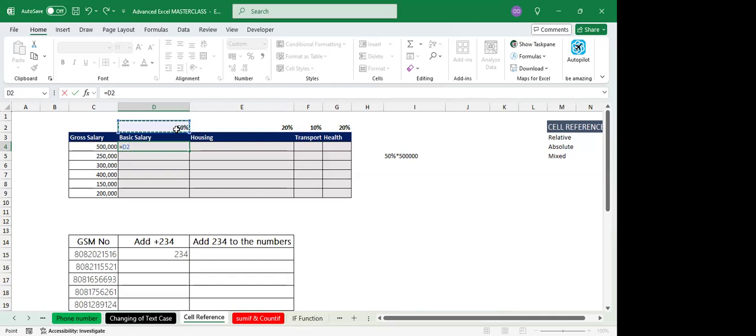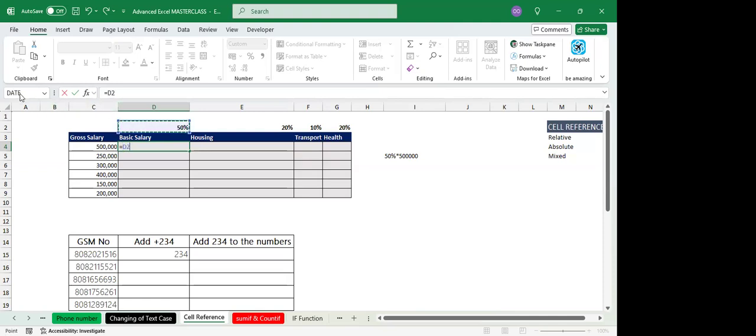D2 is the name of that cell, to the row and to the column. I hope you understand that. I said the name of this cell that is housing 50% is D2, right?